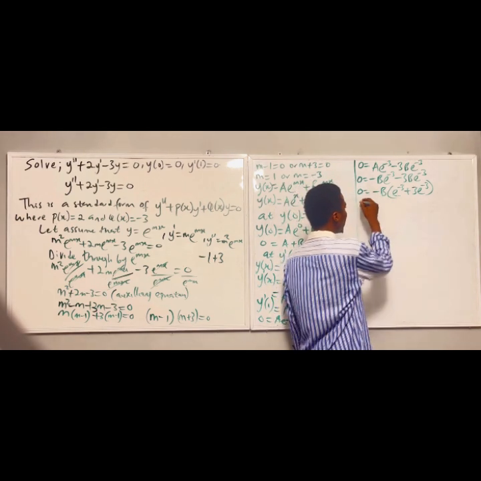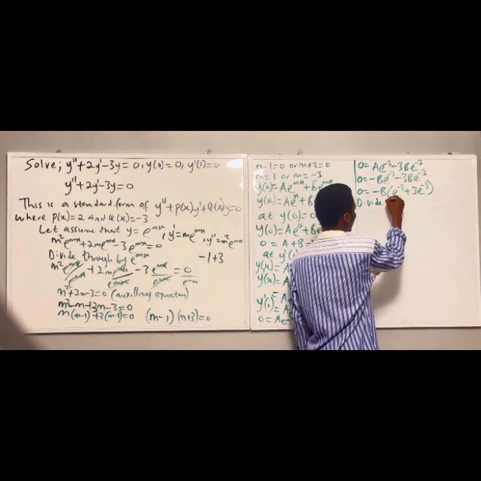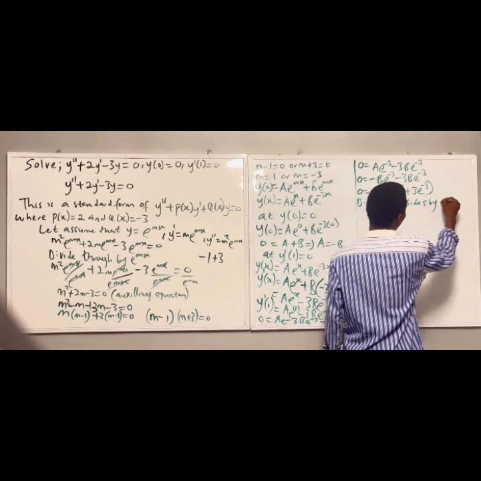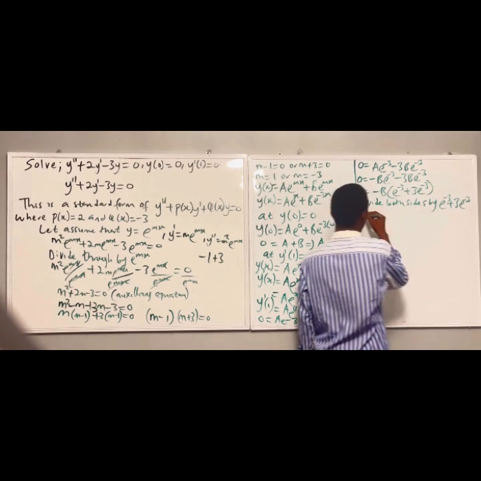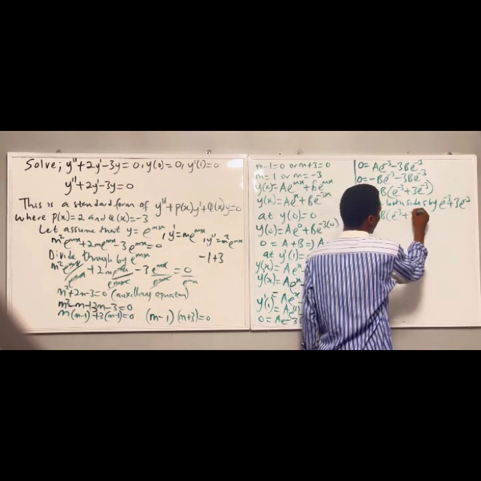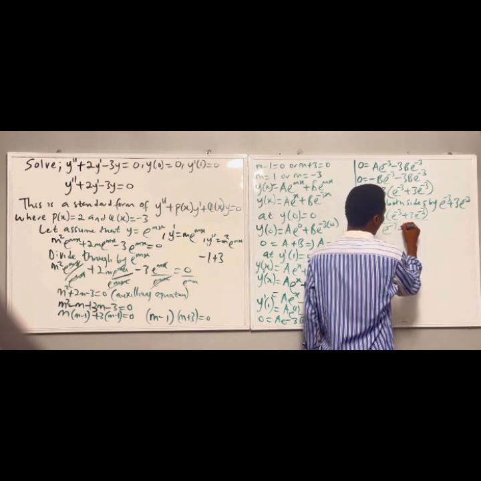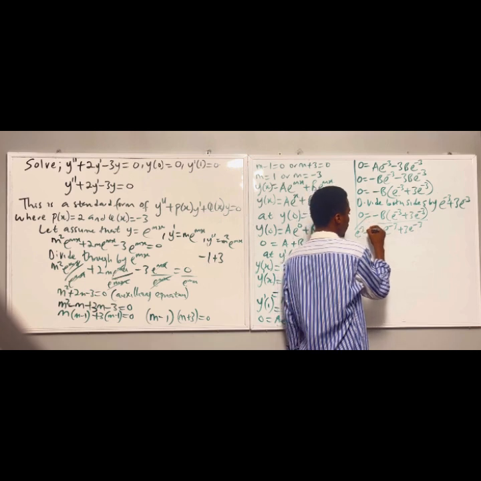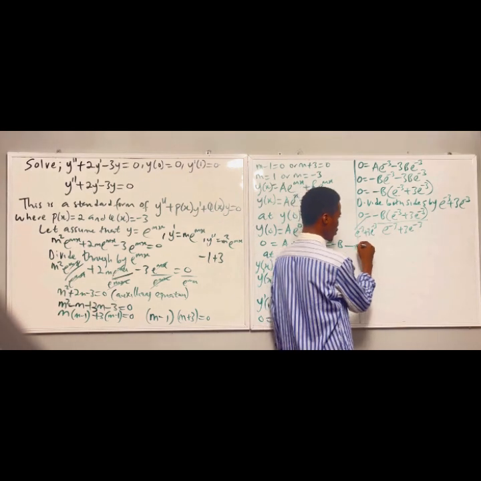I can divide both sides by exponential minus 3 plus 3 exponential minus 3. So I'm going to have 0 over this, and minus b exponential minus 3 plus 3 exponential minus 3 all over exponential minus 3 plus 3 exponential minus 3. 0 divided by this, I'm going to have 0.